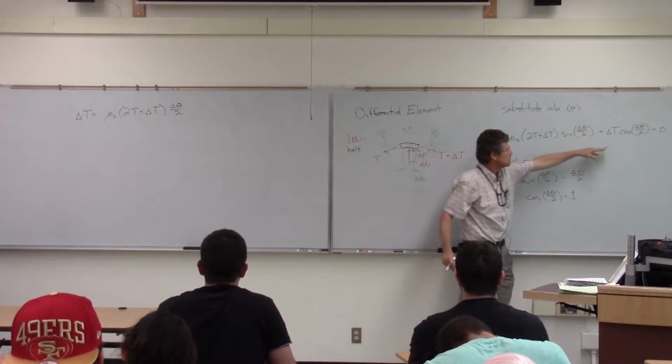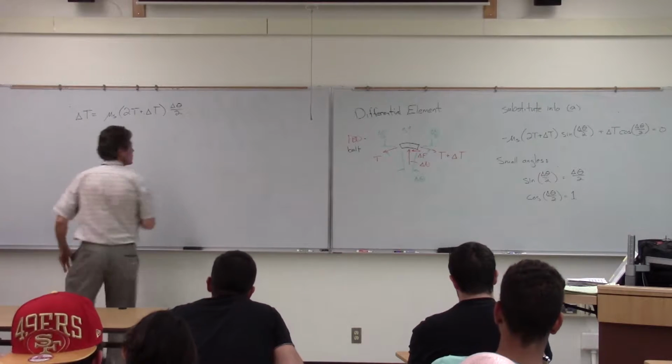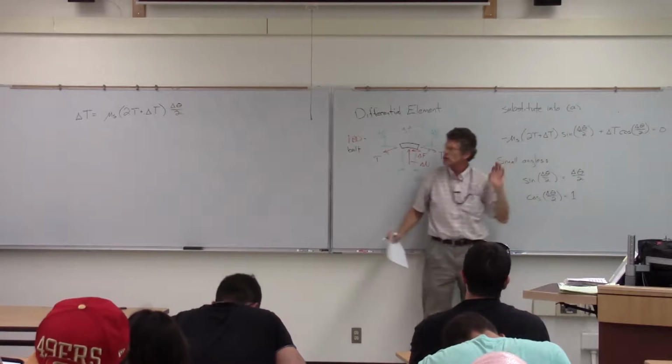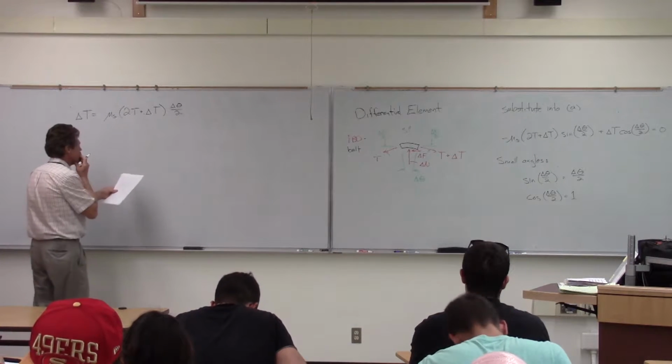This becomes my delta theta. That becomes a 1. And then because of the minus sign there, I'm able to take it over to the 0 side there. Both sides will be positive quantities.